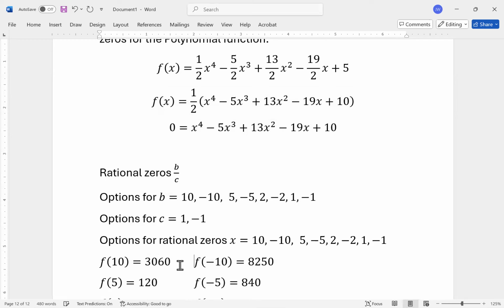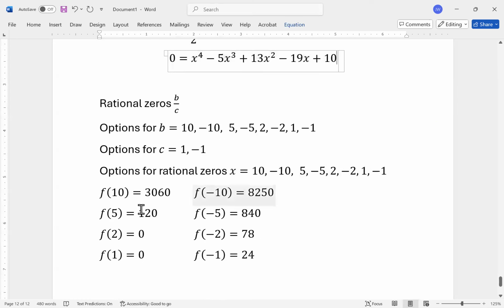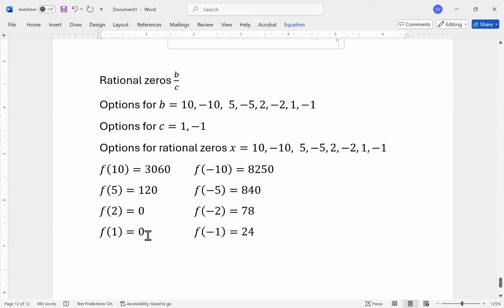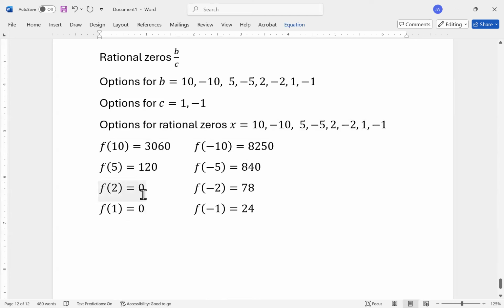Hopefully I don't. If you plugged it into this, where we factored out a 1/2, then you just get double all these numbers. But in either case, the zeros come out where we have two of them. One is x equals 2, one is x equals 1. So we have two rational zeros: one is x equals 2, and the other is x equals 1.